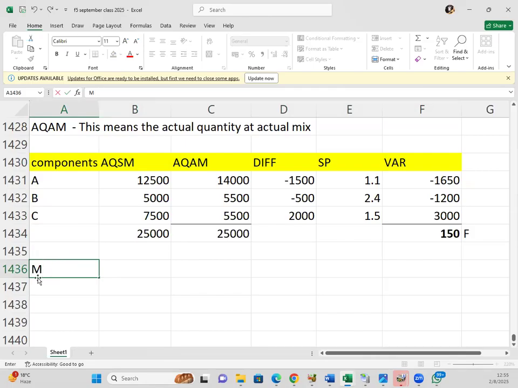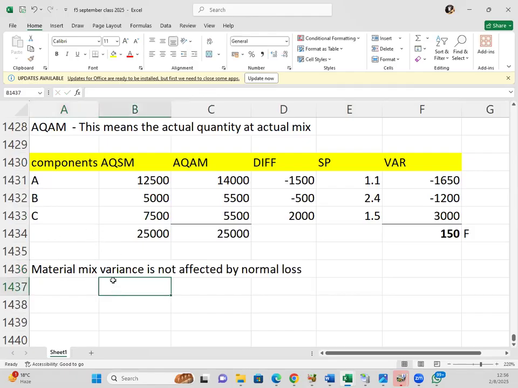If they say there's a normal loss, it doesn't affect the material mix variance. The material mix is not affected by normal loss.